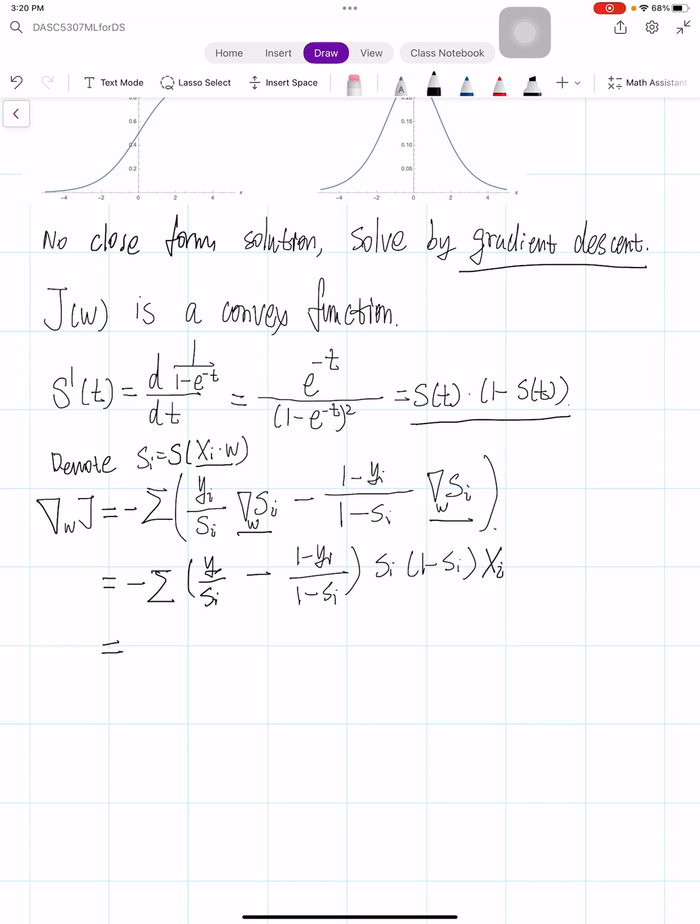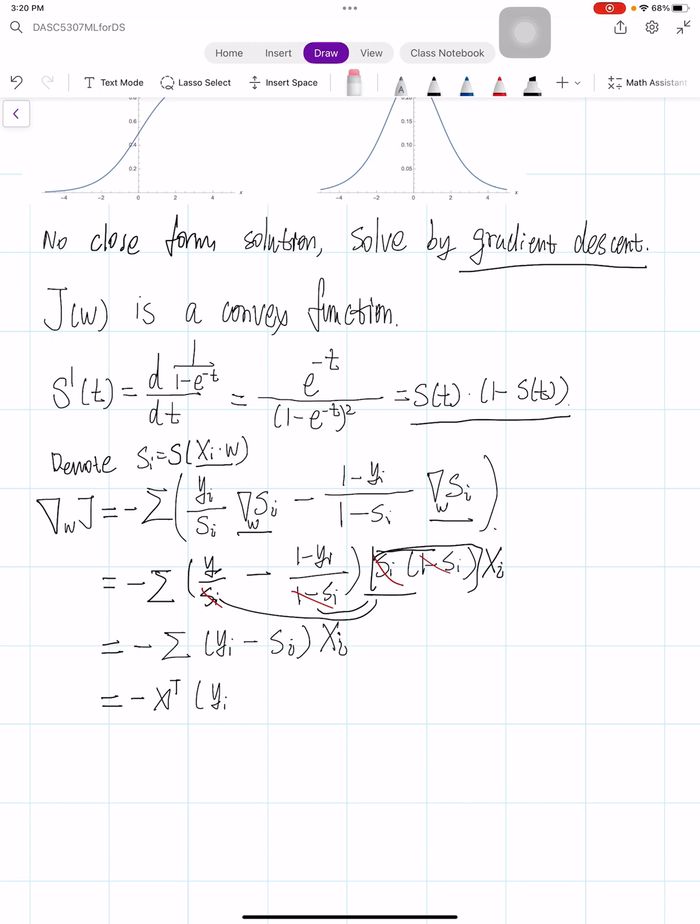After a few algebra steps, for example, this term cancels this one, you will have a very simplified notation, which is given by summation of yi minus si times xi. You just multiply this term to each of these two terms, and then combine the terms, and you get this one. This equals negative summation xi times yi minus si.